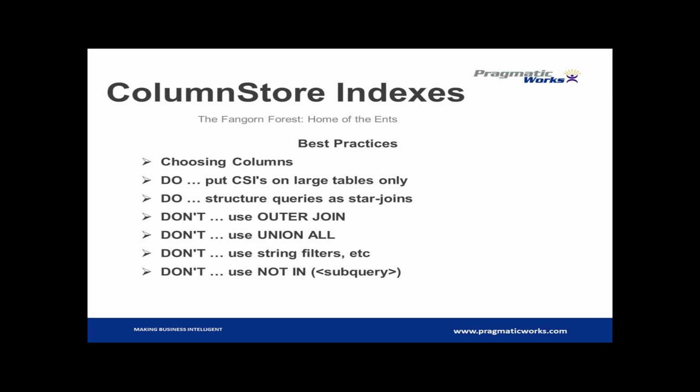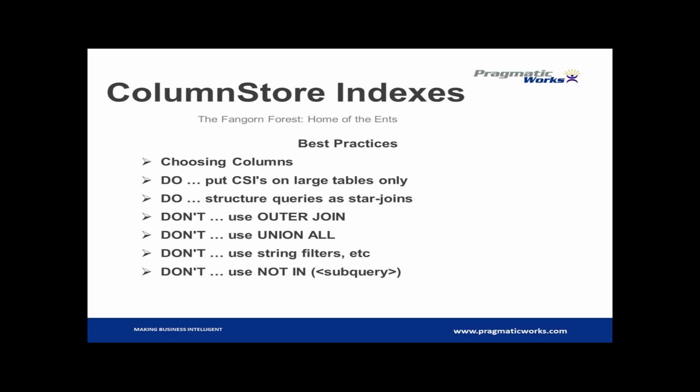There are a couple of don'ts, mainly because they're not going to give you the performance increase that you need. When you use things like outer join and union all, the outer join and the union all actually cause the query optimizer to drop to row processing and not be able to use batch processing because of the way the data is returned.